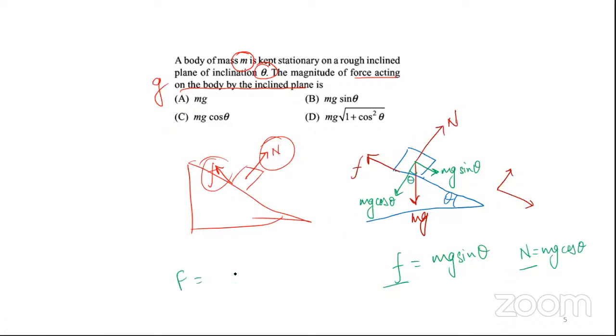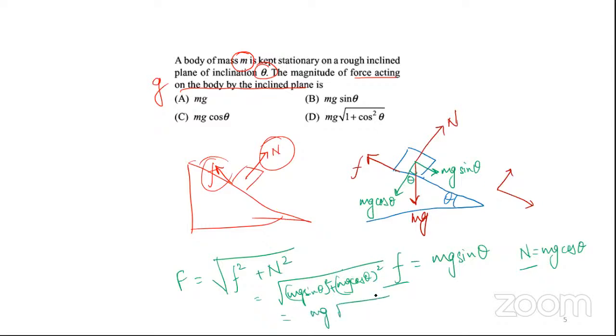So my total force will be the resultant of both of them, that is under root of f square plus N square, that is under root of (mg sin theta) square plus (mg cos theta) square. mg square will come outside, that will become mg, and under root of sin square theta plus cos square theta, that is equal to 1. So my answer is mg.